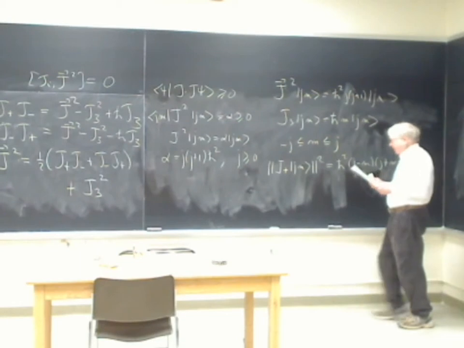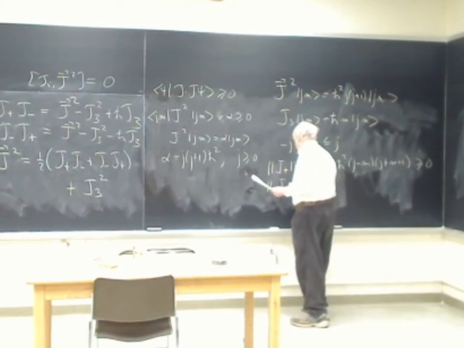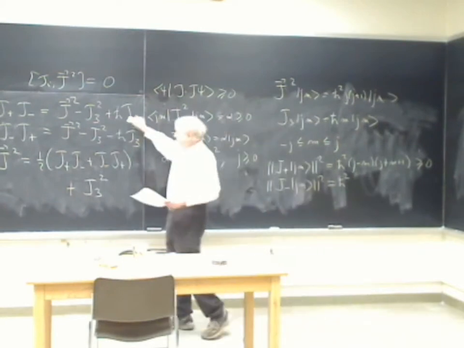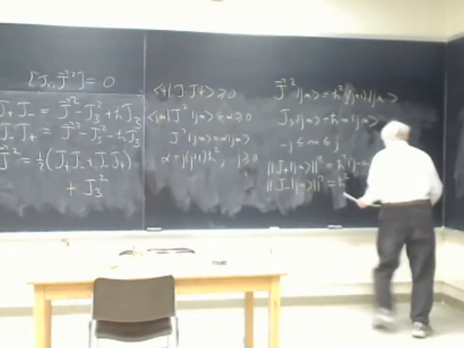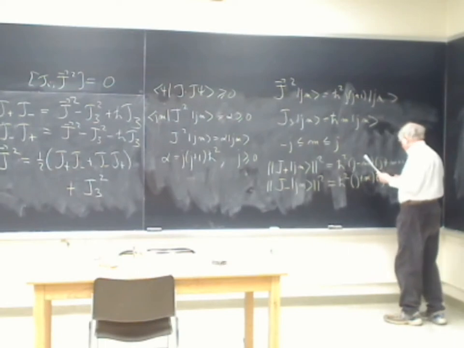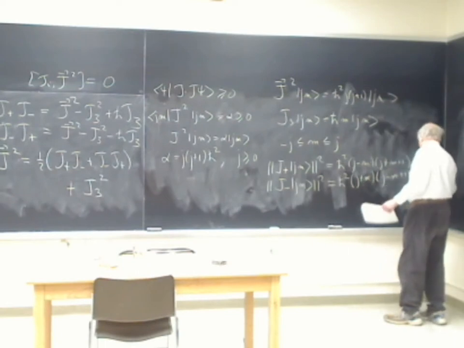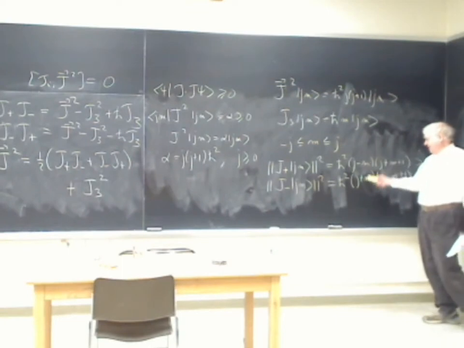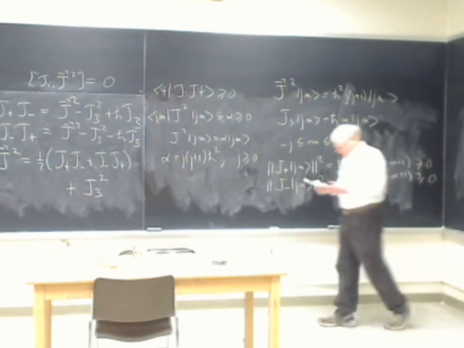And we also found that J minus on Jm, where we use these two equations and then factorize the resultant expression, turned out to be (j plus m)(j minus m plus 1). That's greater than or equal to 0. So we have these two inequalities. And this told us that m can't exceed j, and m can't be less than minus j. And so that proved this relation here.